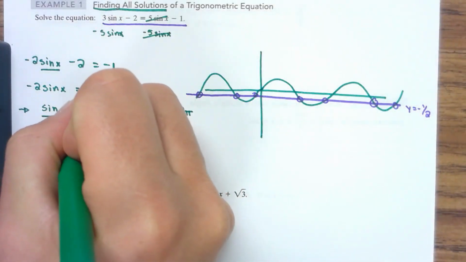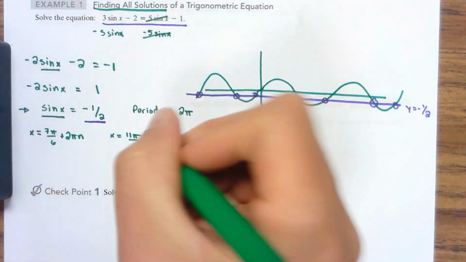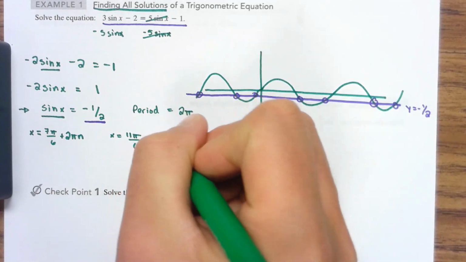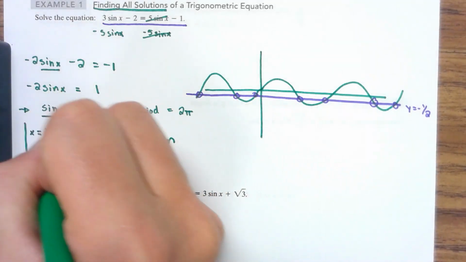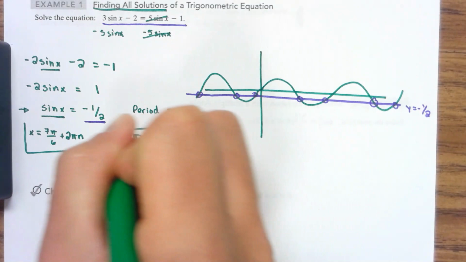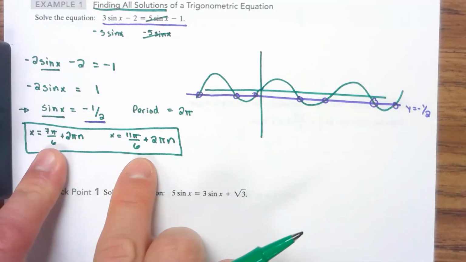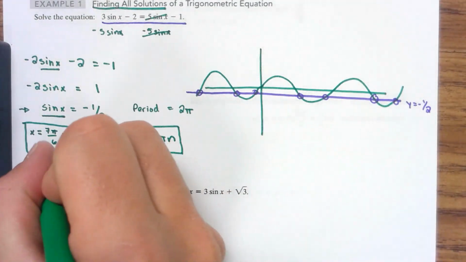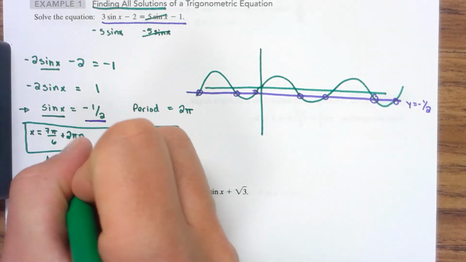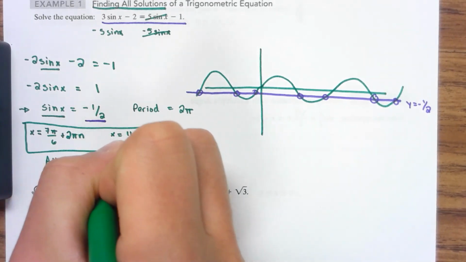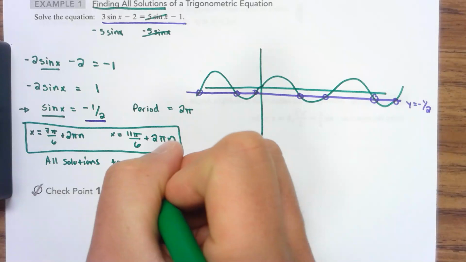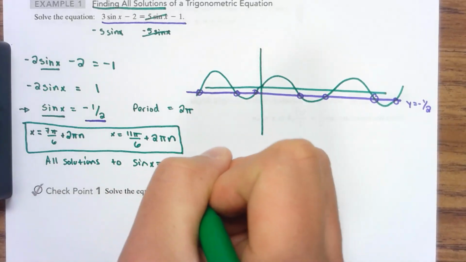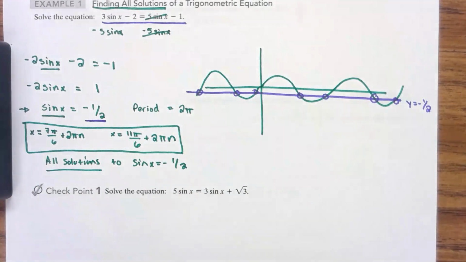So that's why we're going to say plus 2 pi n. And some of you did a good job remembering that yesterday. Some of us kind of forgot about that. But this way of writing the equations describes all solutions to sine of x equaling negative 1/2. I'm emphasizing all because we are going to narrow that down here in just a second and be more specific with the solutions we're describing.